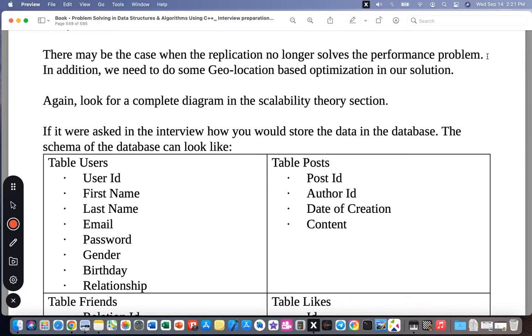So we need to handle this. In addition, we need to do some geolocation-based optimization in our solution. As mentioned, if you live in a country, it's more likely you have friends in that country than on the other side of the earth, for example, right? And again, look for a complete diagram in the scalability theory section.